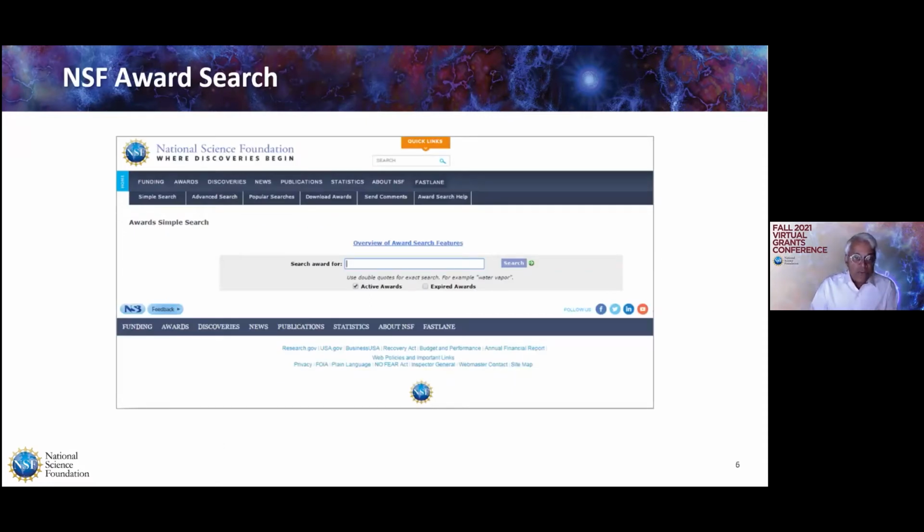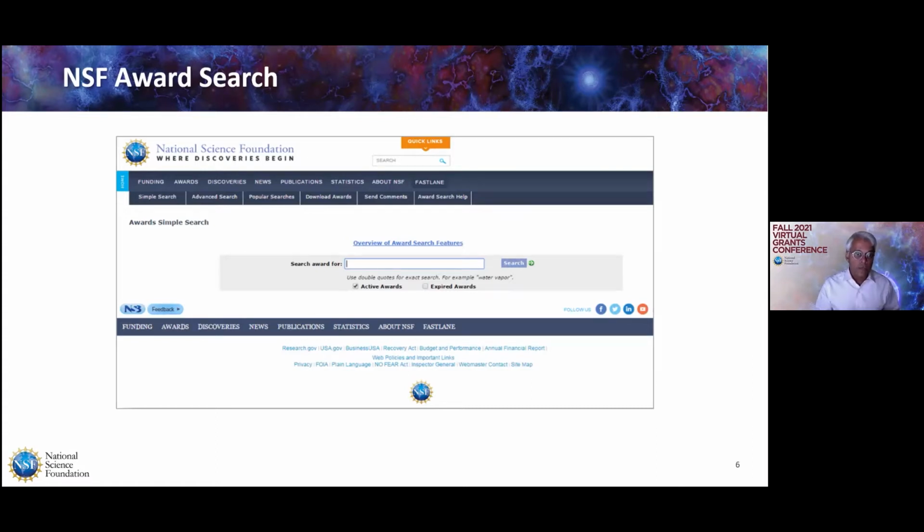Another really great tool that I'd like to introduce you to as you're finding funding opportunities is the award search tool. This tool is useful because it really helps you find the right kind of funding opportunity that you should submit your proposal to. And you can do that by looking at what other awards have been funded by similar programs. So let's say you have an idea, a research idea on a particular topic.